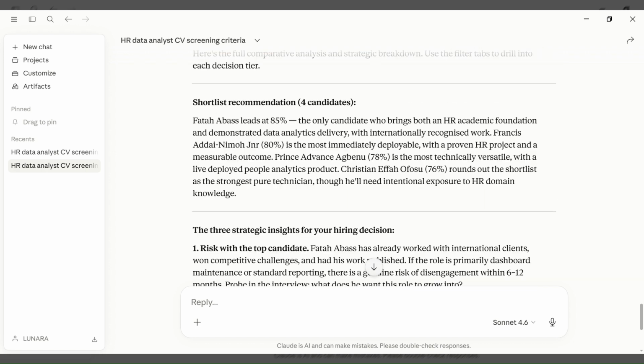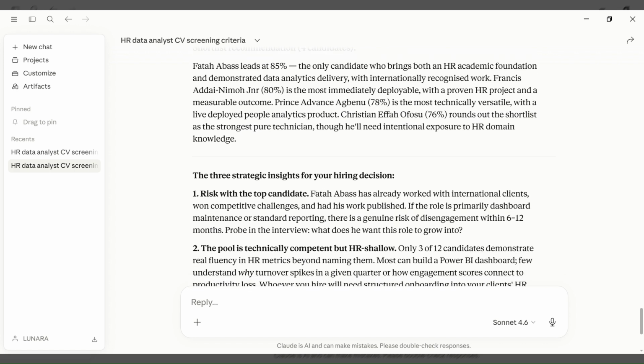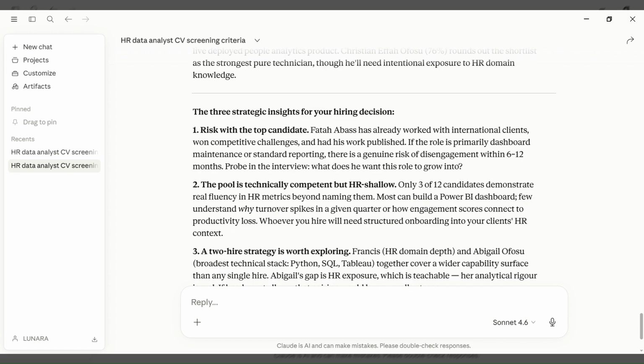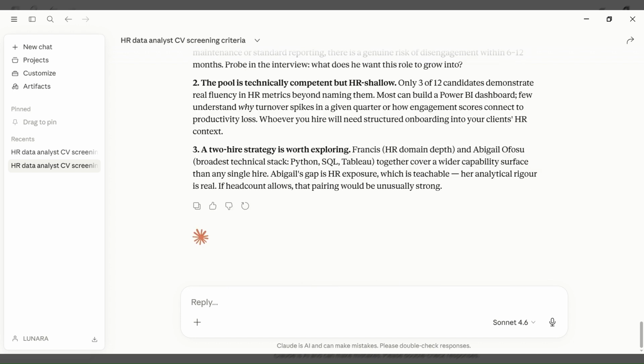So here the shortlisted recommendation is being given. Yeah, so this is what Claude can help you with, comparing various CVs within the shortest possible time as an HR. And we know in the hiring process, speed also matters.